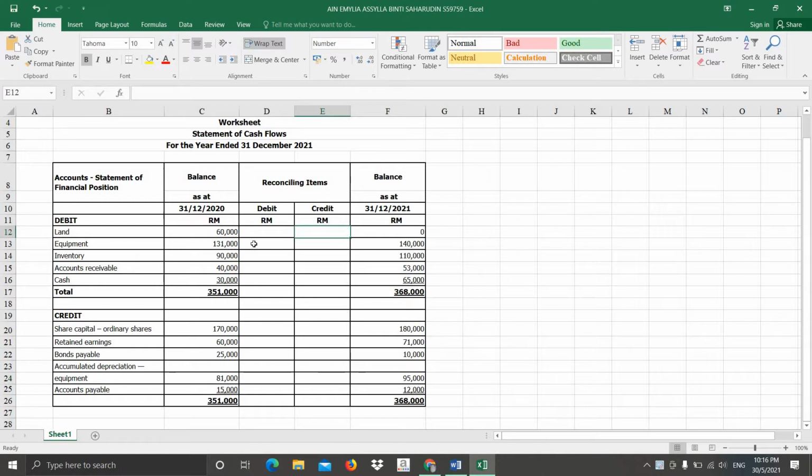Since there is a decreasing amount in the ending balance, we put it on the credit side to deduct the amount. If there is an increasing balance in the ending balance, we put it on the debit side.